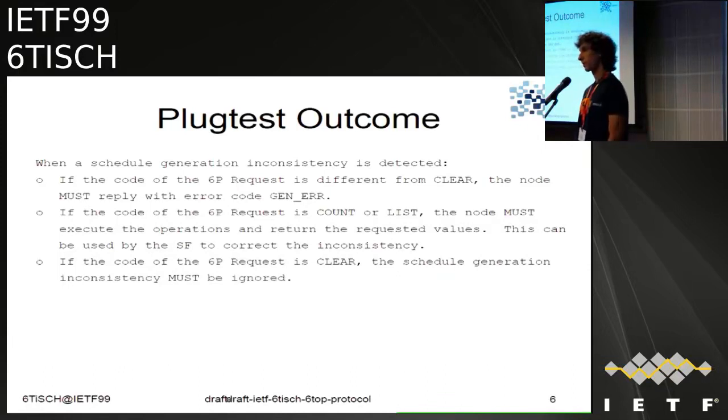So Thomas, I have a counter example, and this is the reason why we put the generation counter in there. With the MAC and all of that, you can detect that something went wrong in the communication. The only case you cannot detect is when an ACK is lost. So you send me a response, I send you an ACK, but you don't get the ACK. And this is your last MAC layer retry.